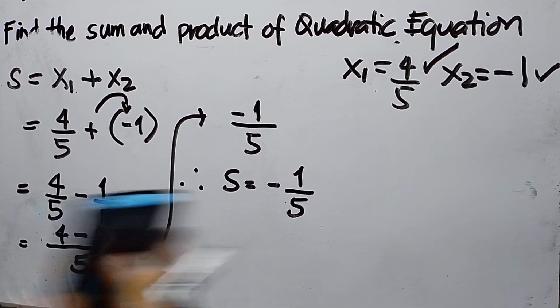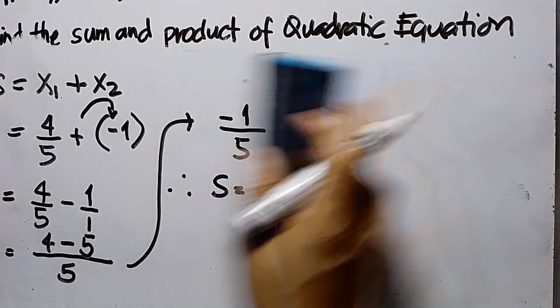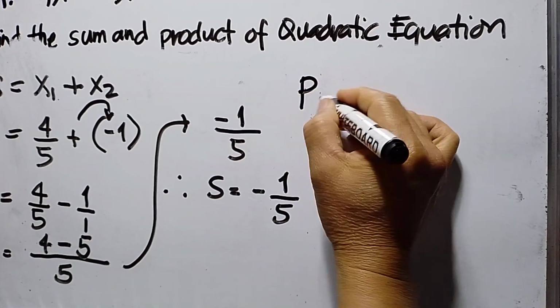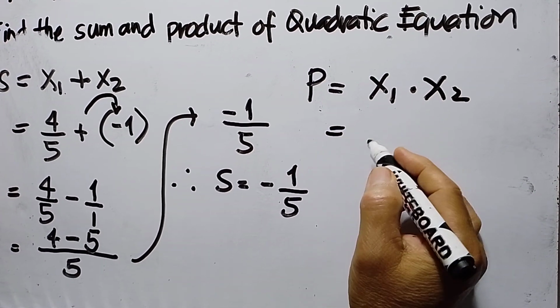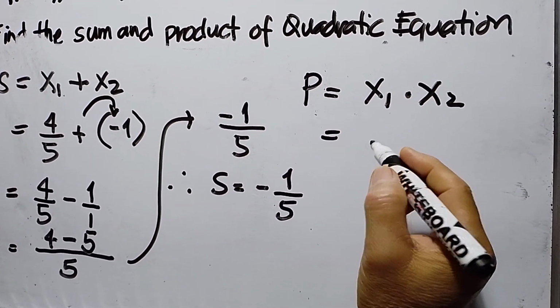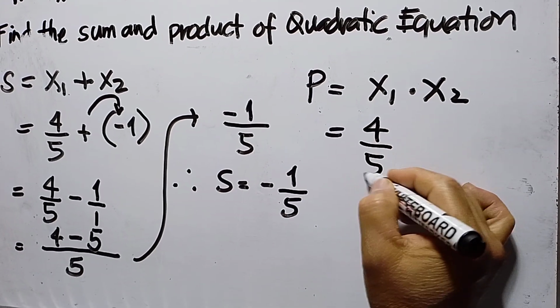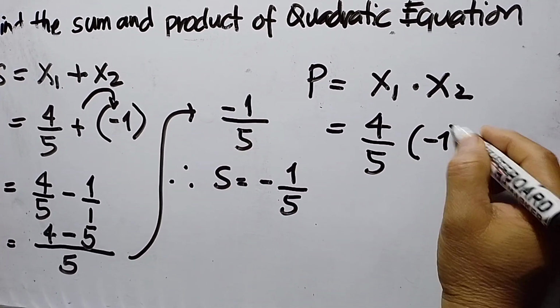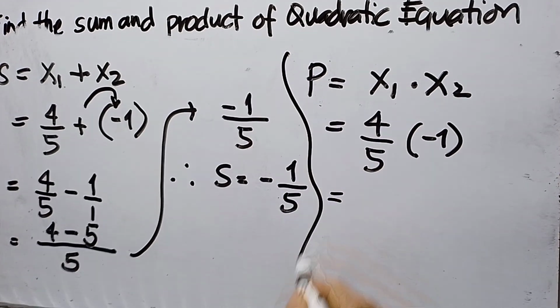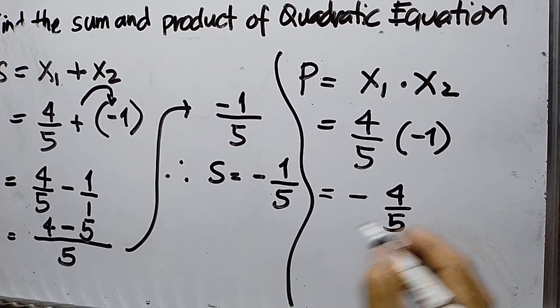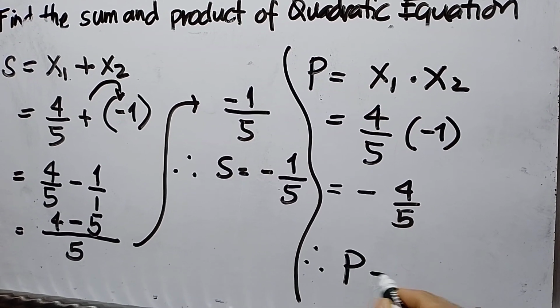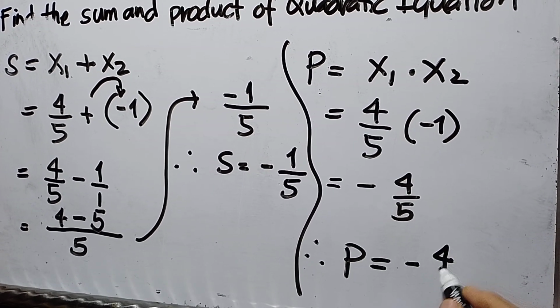Now how about the product of the roots? So the product of the roots, P, is equal to x1 times x2. So x1 is 4 over 5 times negative 1. So multiply this one. So the answer is negative 4 over 5. So therefore, my product of the roots is negative 4 over 5.